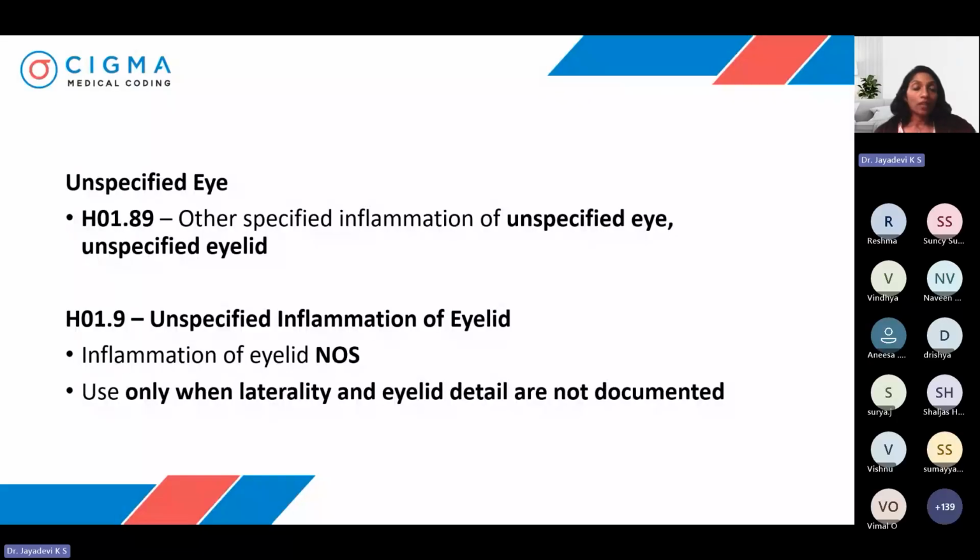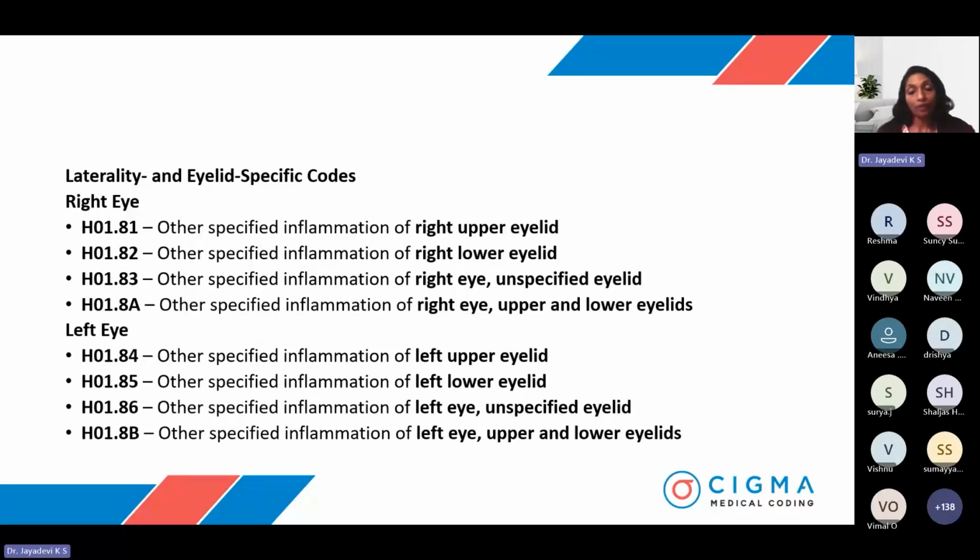So unspecified eye H01.89, other specified inflammation of unspecified eye. And H01.9 is unspecified inflammation, inflammation of eyelid, not otherwise specified. Use only when laterality and eyelid details are not documented. If any of the details is mentioned, you have to go for the specific one.